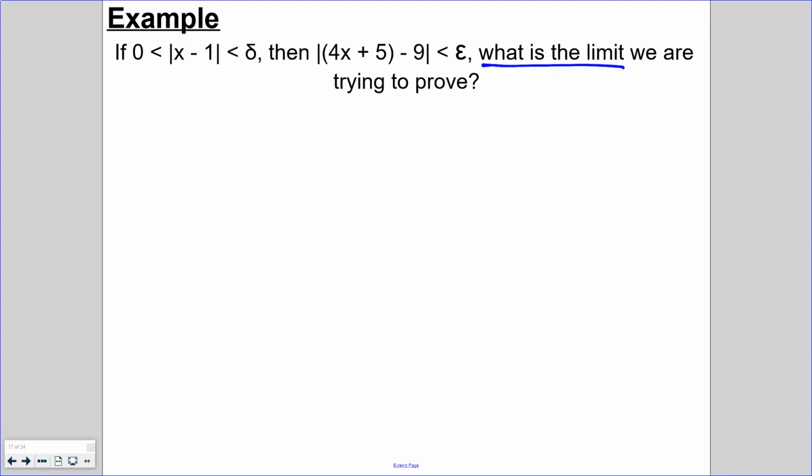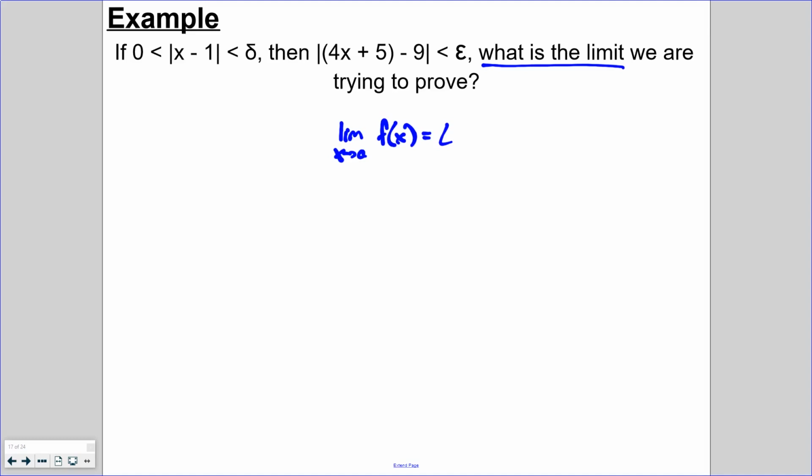And we know that our limit formula, I guess we can say, is the limit as x approaches a of f of x is equal to L. Which means we're going to need to identify certain pieces of our limit in the question we're given. So let's go ahead and break this down.